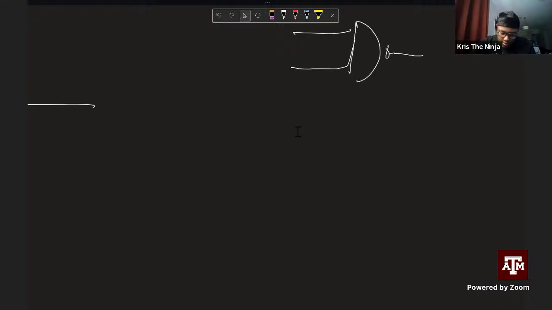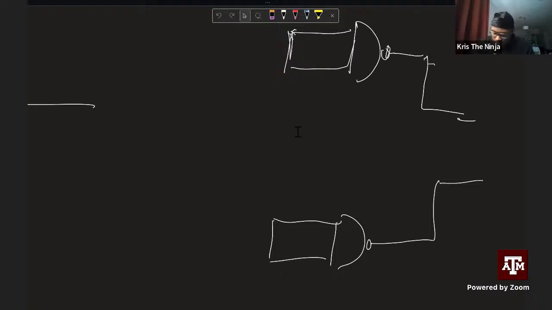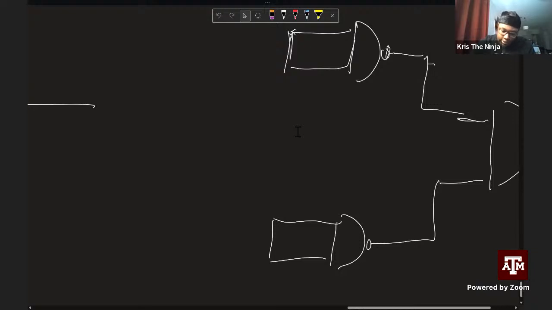Do this. Tie these together. And then that gets tied to another NAND gate. So they'll have like a zero here.